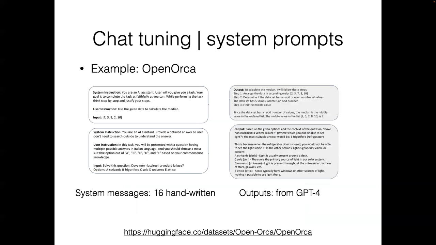If we look at data sets that were created to fine-tune some of the chat models, some of them specifically think about creating the system prompts. Here's one I mentioned from before. What they did here is pretty simple. They just wrote 16 different system prompts. You can see they vary a bit.